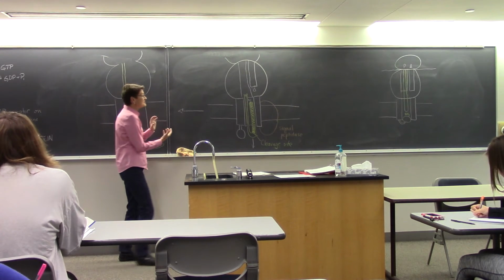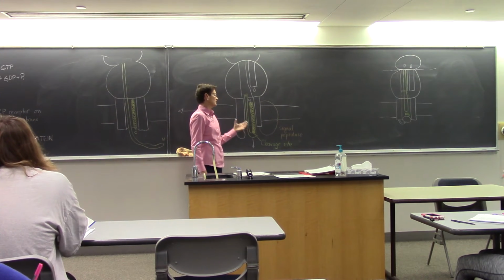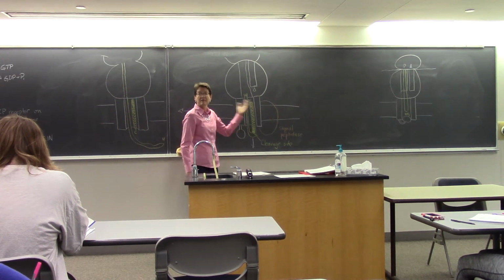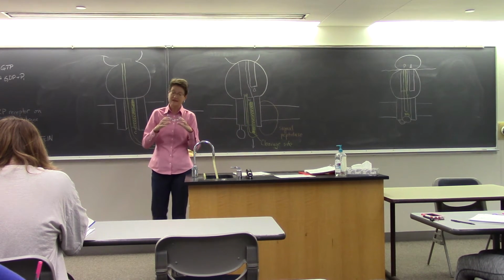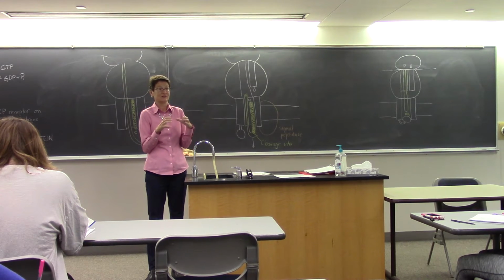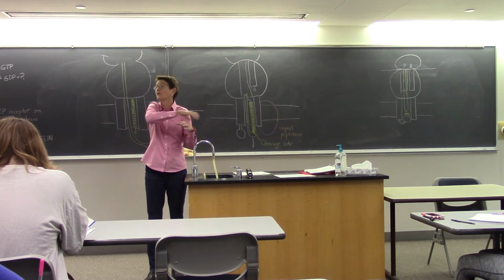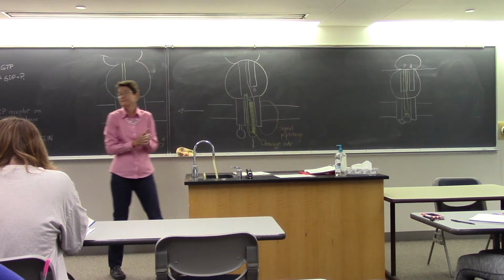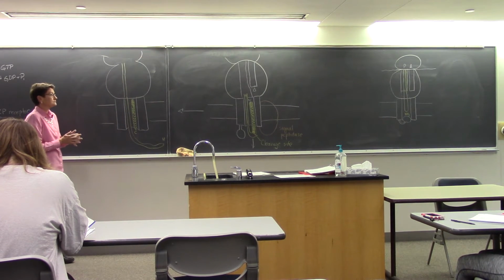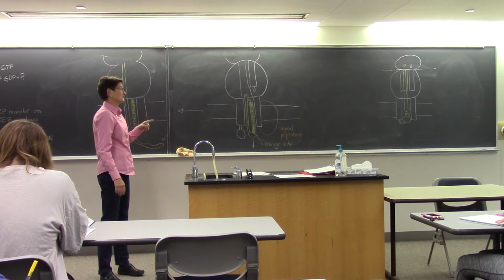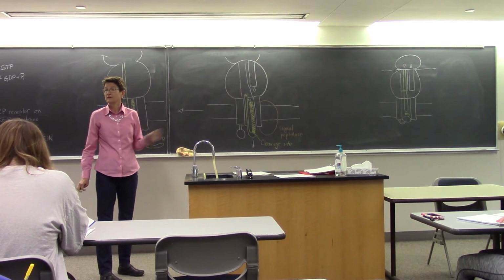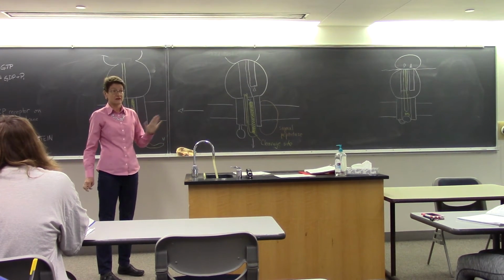So the signal recognition particle could be anywhere. I draw it flat, but that translocon is 360 degrees, and there are proteins all over it. So I would imagine the signal peptidase is never too far away from the translocon, because that's where it does its job.